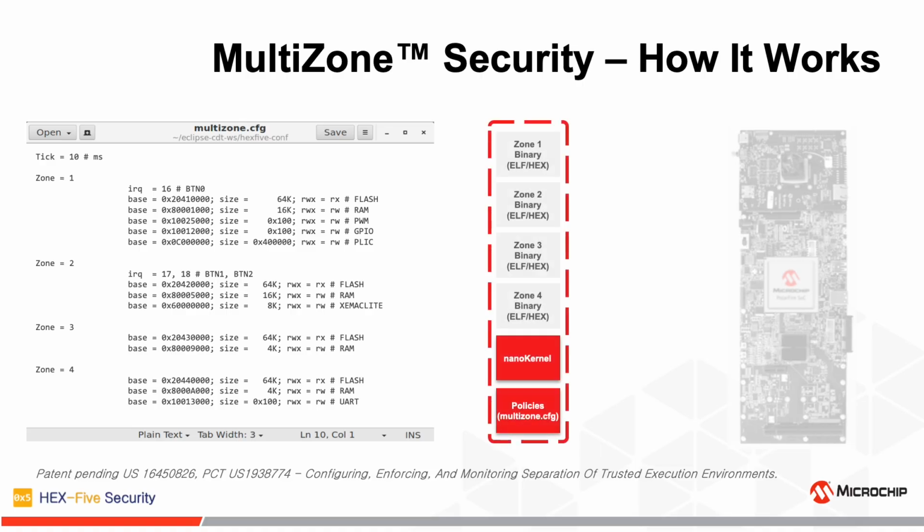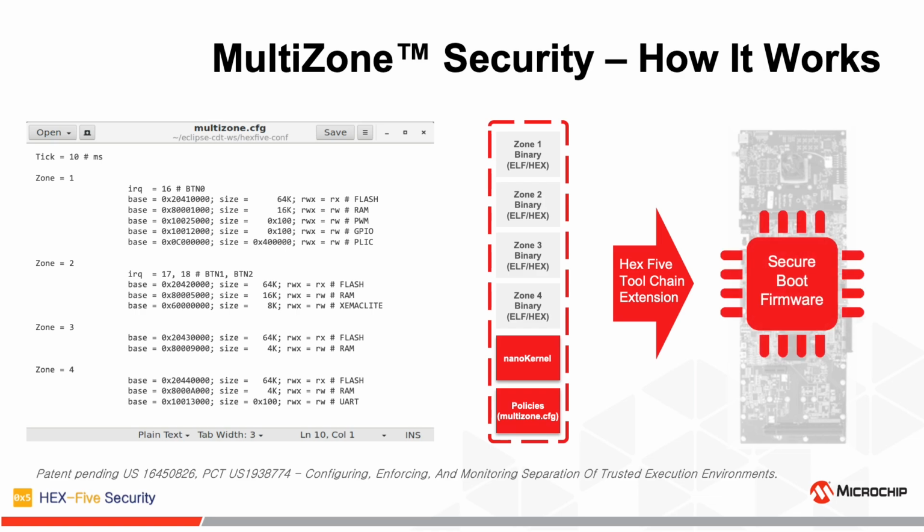Once the file is written, there's this little utility, which is a toolchain extension that runs at the end of your traditional development cycle, that picks up all the binaries for the zones. And as I said, again, these are fully linked, totally independent binaries. They can do anything, and be written in different programming languages. They can even be completely broken. Doesn't matter.